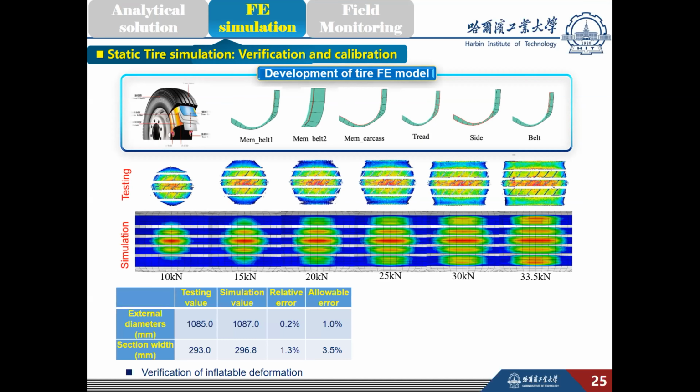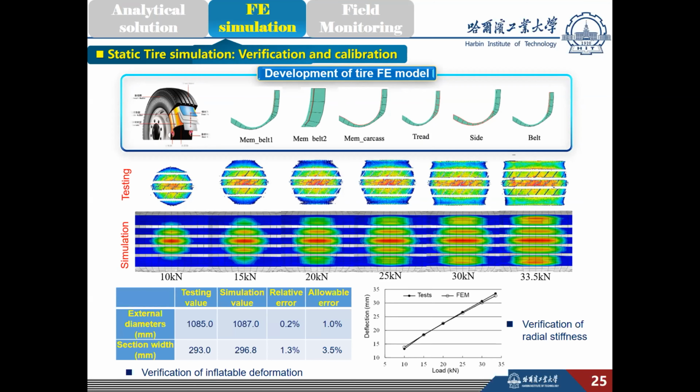And this is the verification of inflatable deformation. And this is the verification of radial stiffness. By comparing the measurement and the simulation results, we could conclude that the established tire model satisfied the requirement. Consequently, we can use this model to implement more simulations.